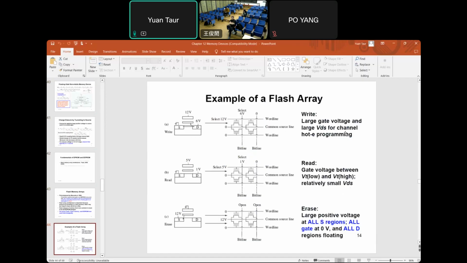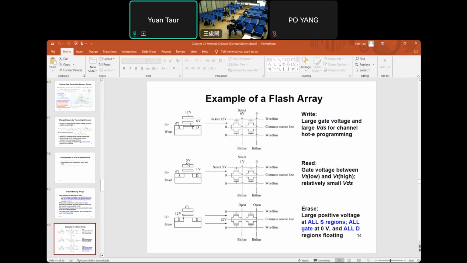This is channel hot electron injection, so it's faster than Fowler-Nordheim tunneling. For read, the bit line is only about 1 volt, so we just try to sense whether this FET is on or off.